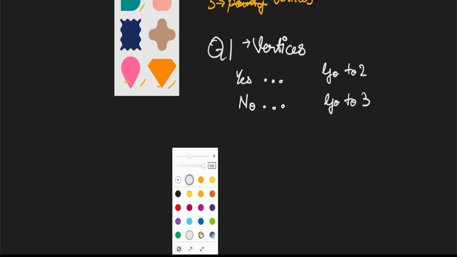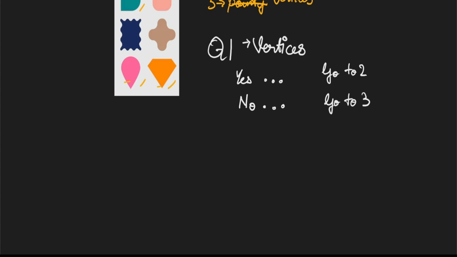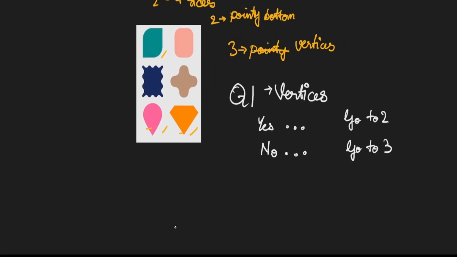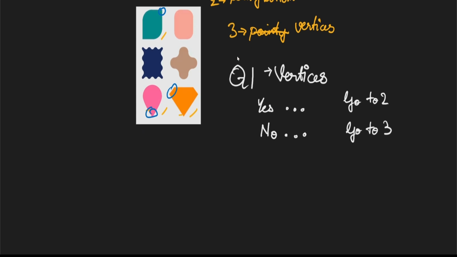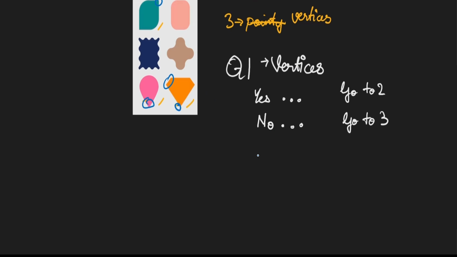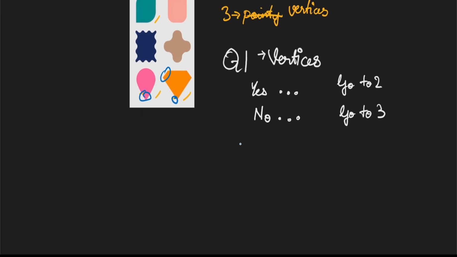Now, our next question, right? So we're looking at, yes, they do have vertices. So let's look at this. This has a vertex, this has a vertex, this has a vertex. So since these have pointy bottoms, let's use that as our second question. Two of them do have pointy bottoms, two of them don't, right?